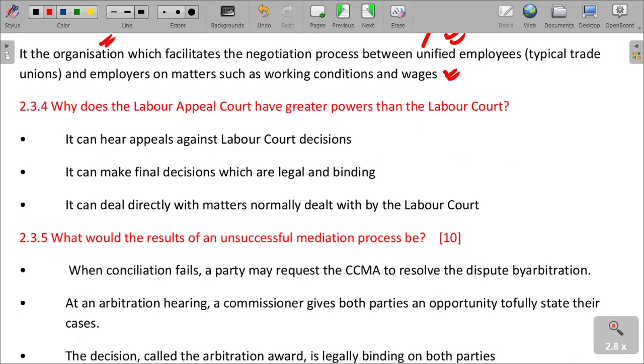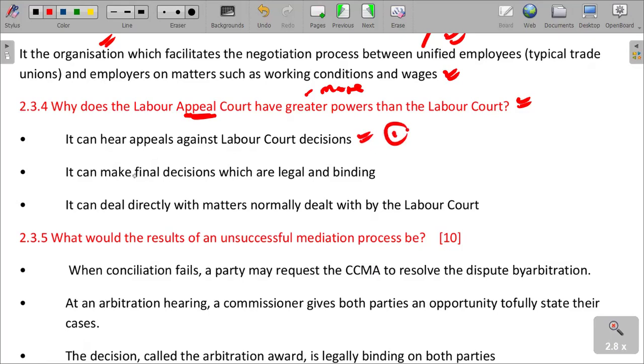Why does the Labor Appeal Court have greater powers than the Labor Court? It has more powers than the Labor Court. It can hear appeals against Labor Court decisions. That is reason one.